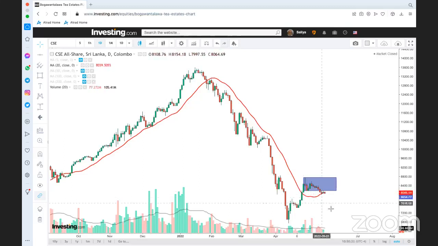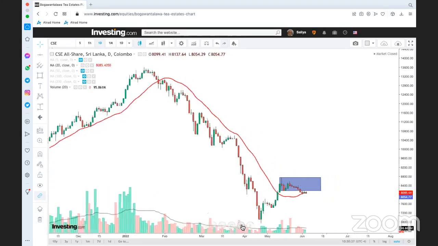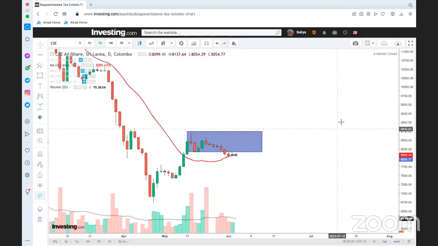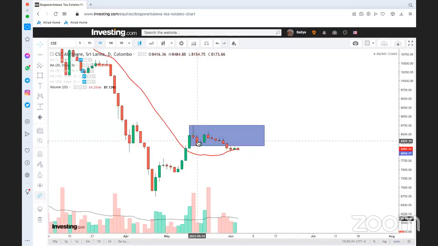Now, at that point, you can see the last 3 days, it was trying to test this low, which is 8,154.75. Here, it was 8,154.8. Here, it's 8,154.24.